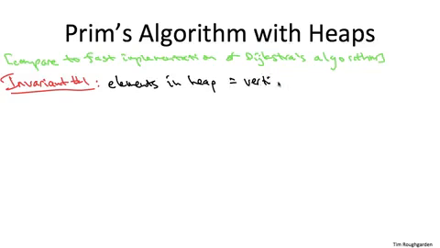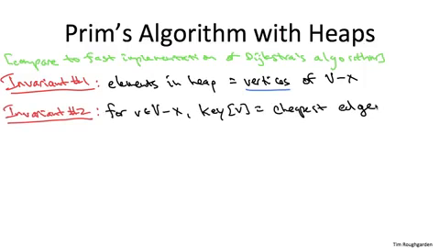Exactly the vertices that we don't yet span, the vertices of V minus X. The motivation here is that rather than getting on a silver platter the edge to add next to the tree, we're going to get from the heap on a silver platter the vertex that we're next going to add to capital X. So the second invariant tells us what the key values of these vertices in V minus X are supposed to be, and we're going to define them to be the cheapest cost of an edge incident to this vertex that crosses the current frontier.